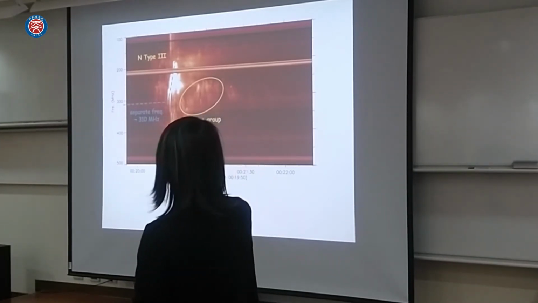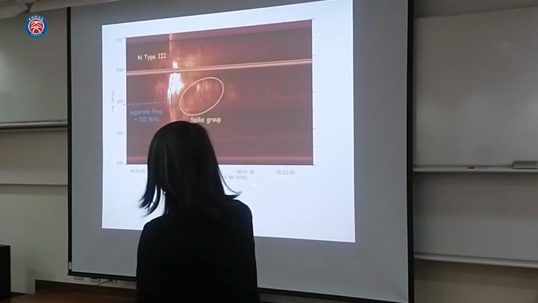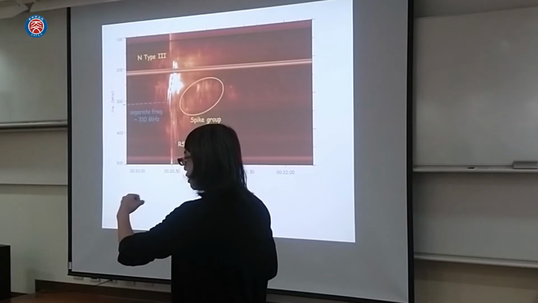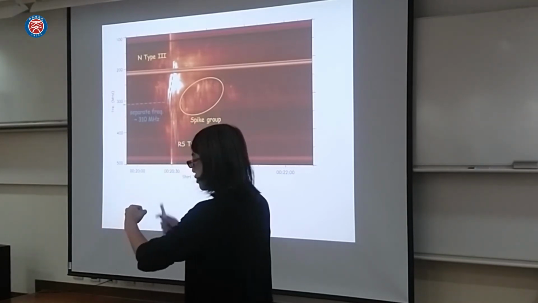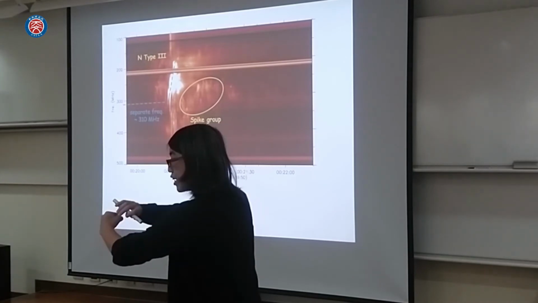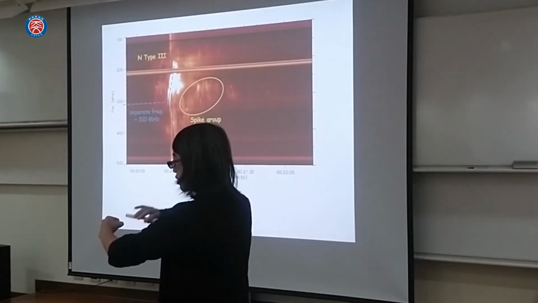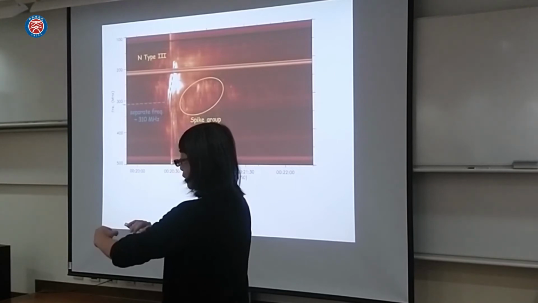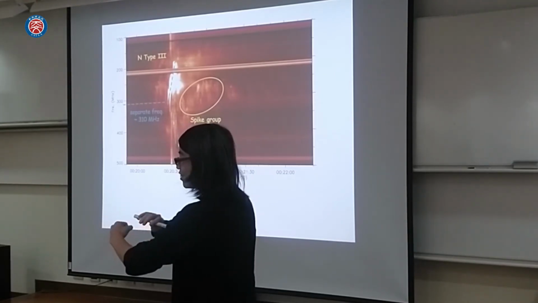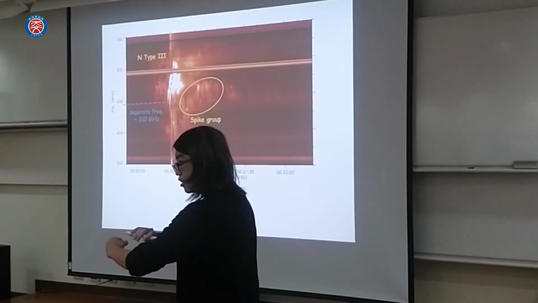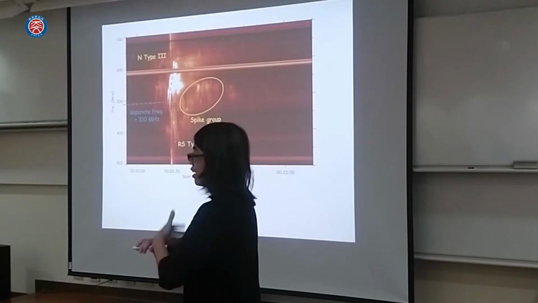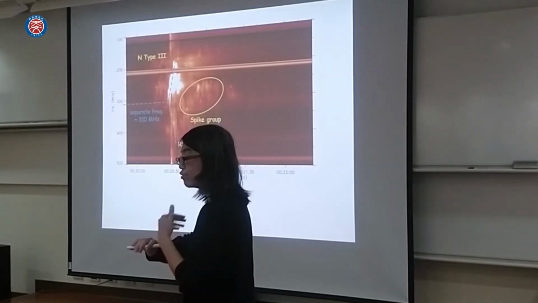And how about the reverse case? The reverse means when the energetic electron is produced at the reconnection site, then this electron moves downward. So it experiences higher and higher density, and the radio emission should be emitted at higher and higher frequency.